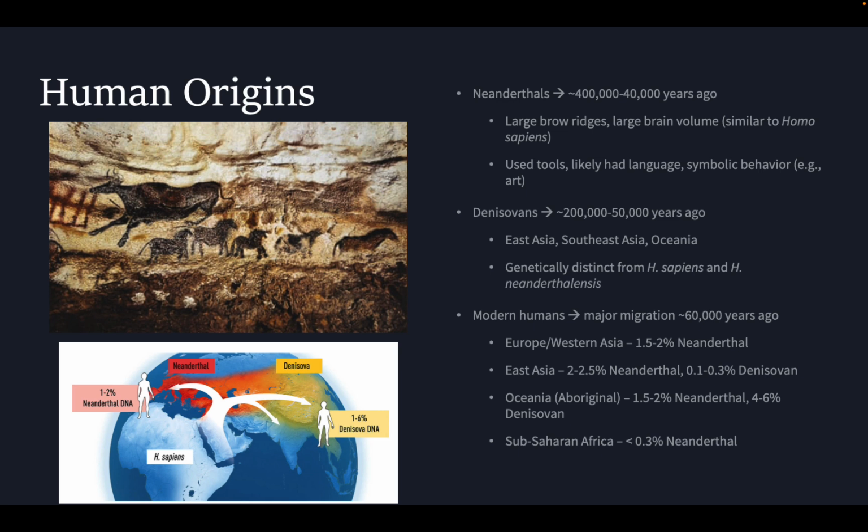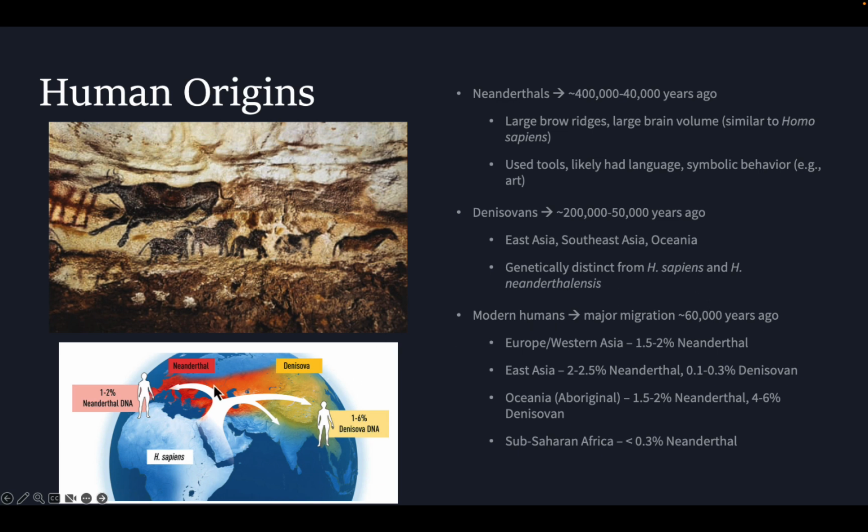Their remains have been found in places like East Asia, Southeast Asia, and Oceania, which includes places like Australia. We separate these because they are actually different genetically. The Denisovans, the Neanderthals, and Homo sapiens are all genetically distinct.